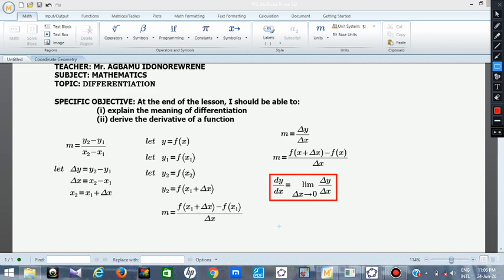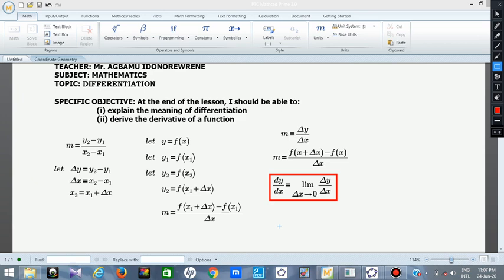In our next class, I'm going to solve an example from first principle. When they ask you to differentiate from first principle, this is all they want you to do. Your value for y, replace it with delta y. Then value for x, replace it with delta x. Then you substitute the changes you have here. Then you solve down.